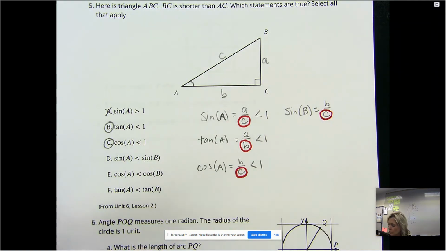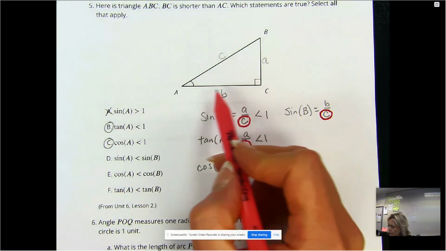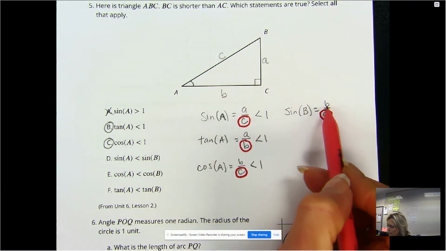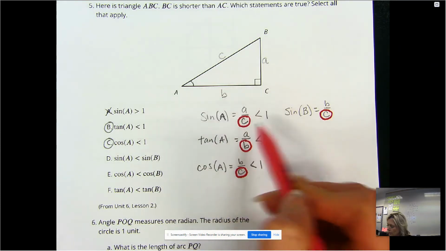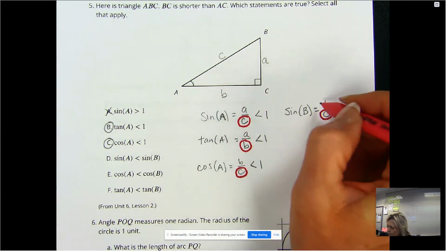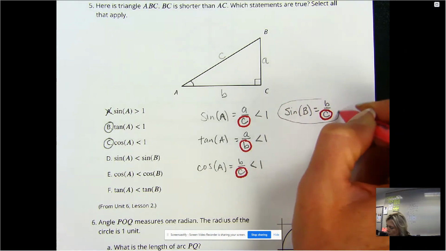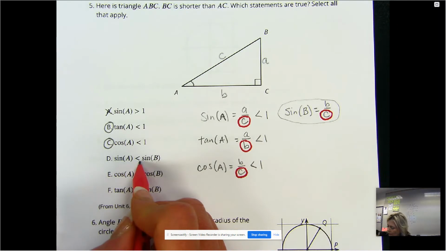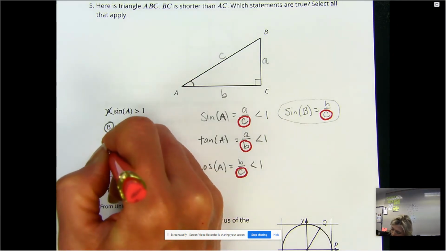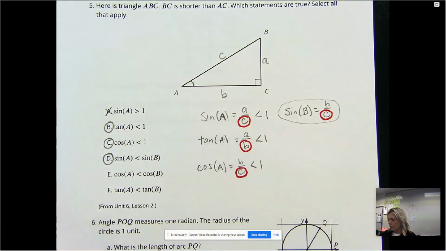And I know that side B is a larger number than that because you can tell it's a longer side. So altogether, this is going to be the larger one. So what does it say? Sine A is less than sine B. So yes, that's true because sine B is larger.